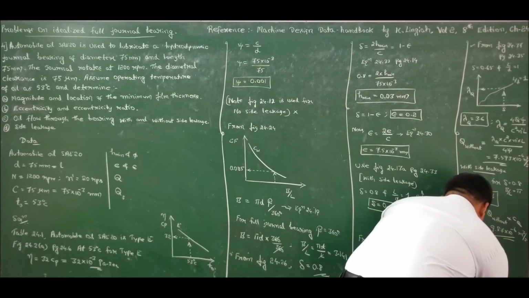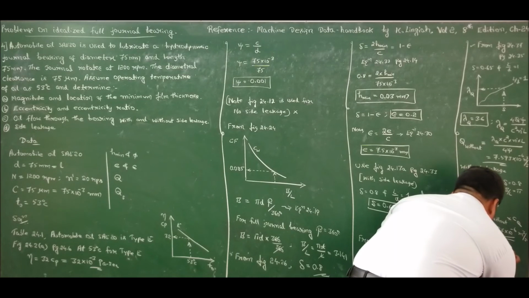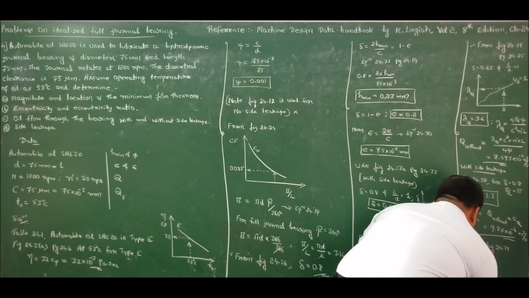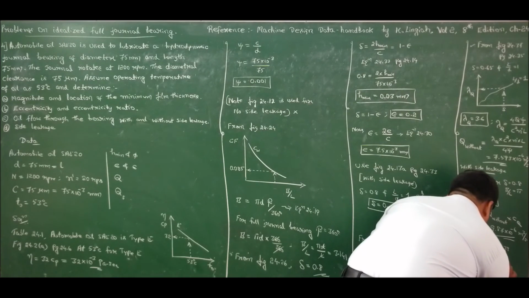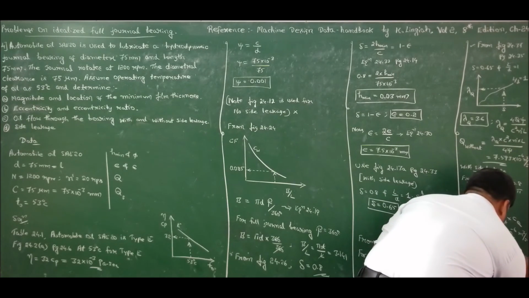That is from figure 24.39, for Sommerfeld number equal to 0.65 and L by D ratio equal to 1, we have the ratio of side leakage to flow rate, which I obtained as 0.26.